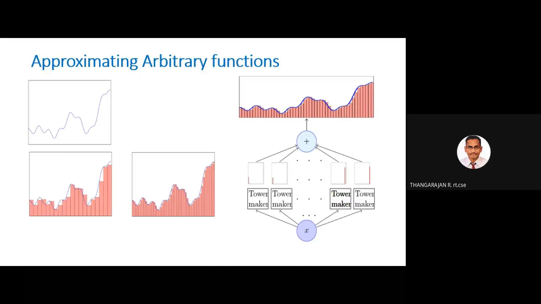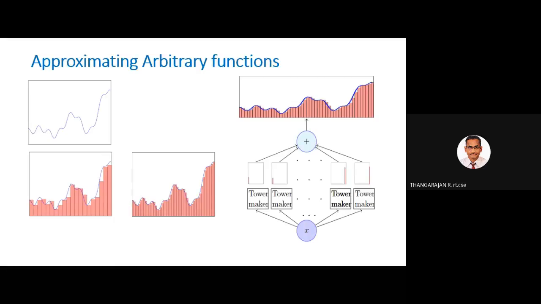Here the fit is not proper, but when I reduce the interval delta x, I am able to fit it better. I can make it even smaller so that I can approximate any arbitrary function to a given degree of precision. This delta x is the precision you are choosing. So to any arbitrary precision, I can approximate any arbitrary function using a neural network.